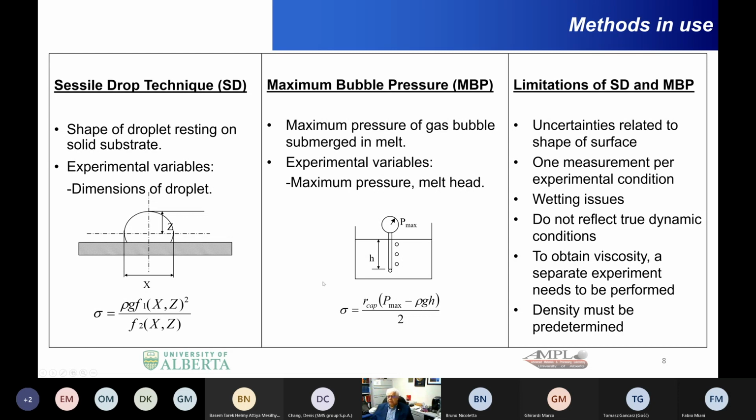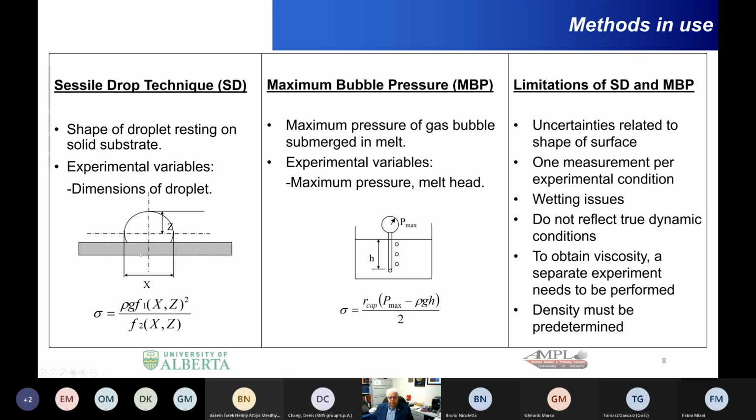All of these techniques, these two included, have uncertainties in terms of what the shape of that bubble is, unless you use X-rays to look through the metal, to see whether it is wetting the orifice coming out of the tube or not, and here whether it is wetting the substrate, which affects the shape of the droplet.